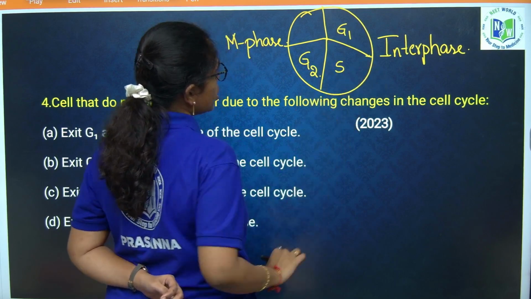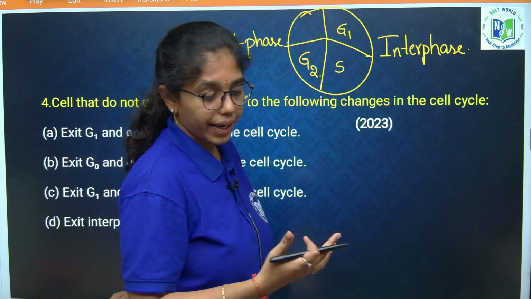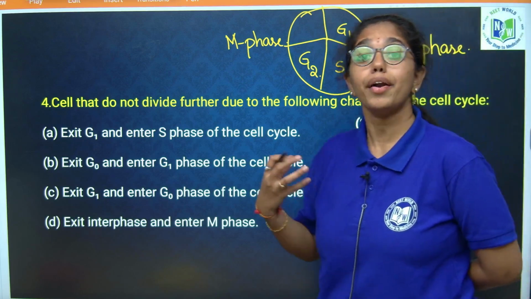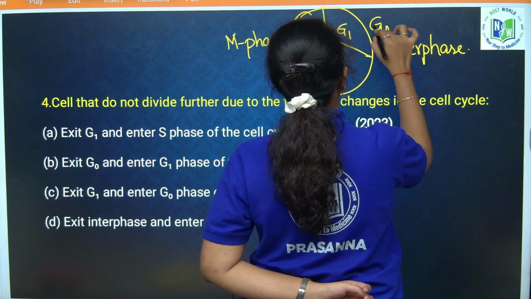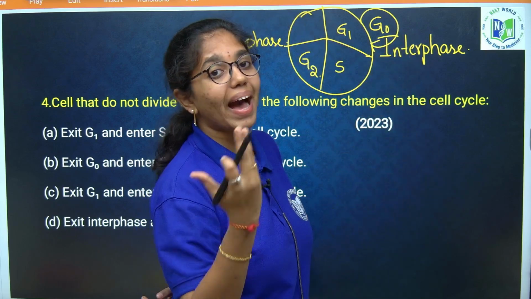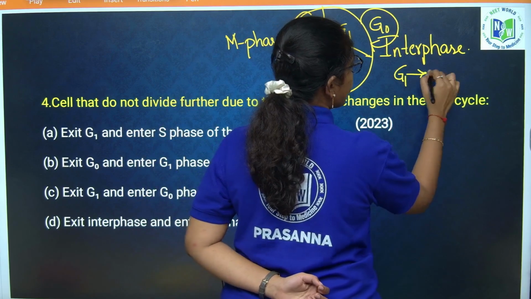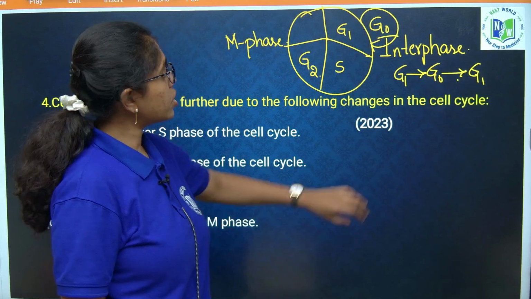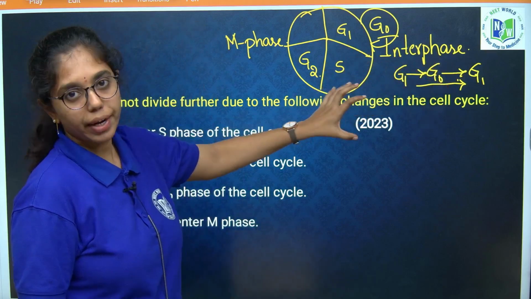There are a few cells which do not divide very often, for example a mature RBC, a differentiated muscle cell or a nerve cell. They will escape from G1 phase to G0 phase, and whenever they want to resume the cell cycle, they will come back from G0 to G1 phase. This is the flow followed by cells which do not divide very often.